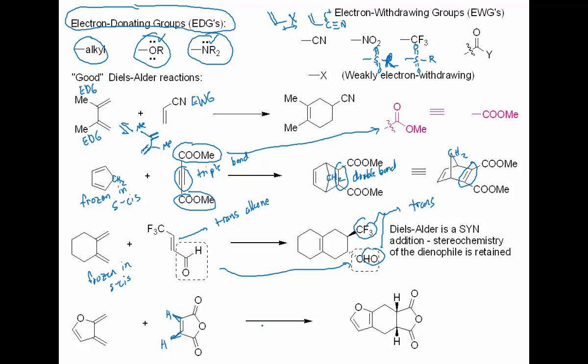This is an especially favorable one. This is something we're going to talk about in the next chapter, but this system has something called aromatic stabilization. So this is actually quite activated. It's frozen in the S-cis.